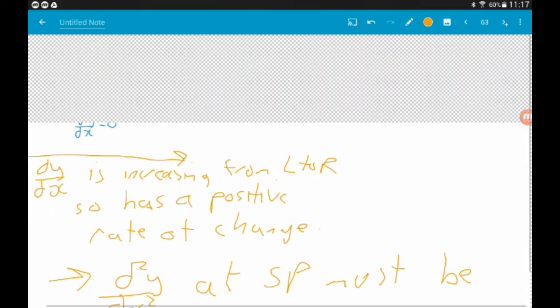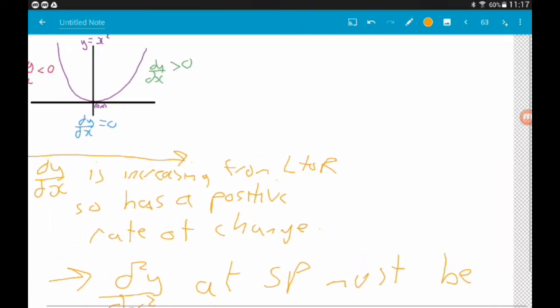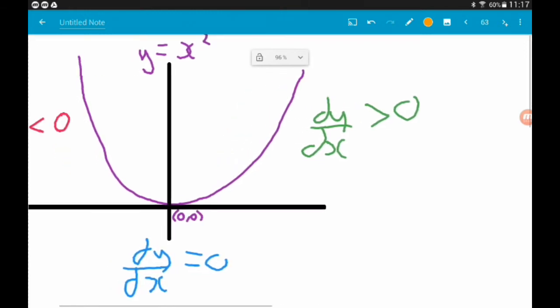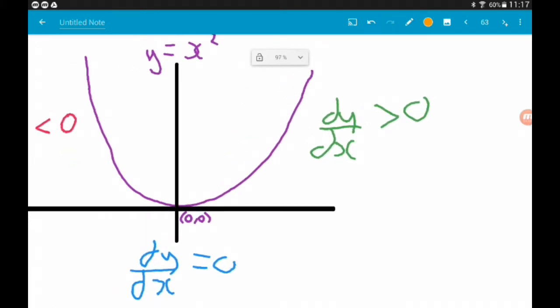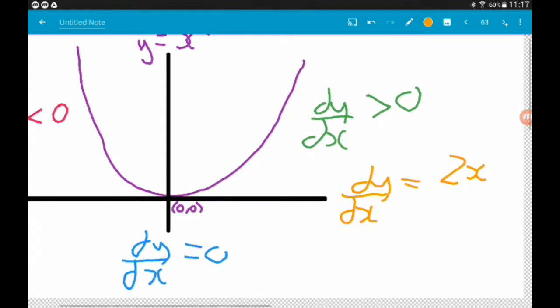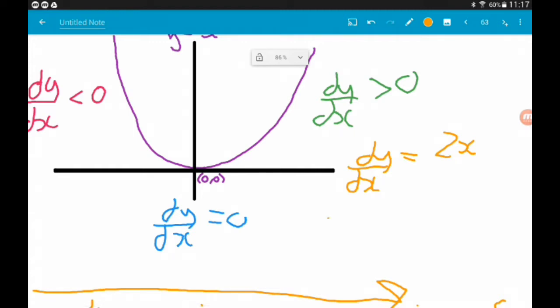So let's check. So our graph is y equals x squared. So dy by dx is 2x, and our second derivative, d squared y by dx squared, then is just going to be equal to 2.